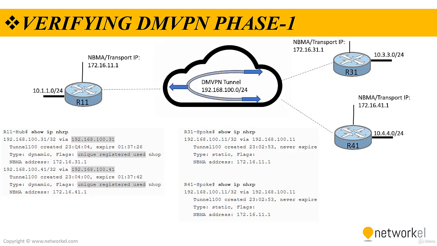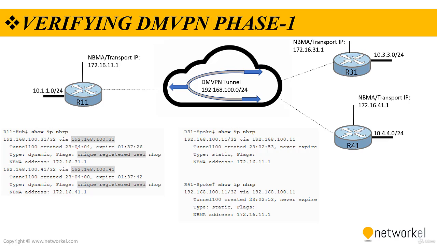To verify DMVPN phase 1, we may also view the NHRP cache. The information that NHRP provides is a vital component of the operation of DMVPN, and every router maintains a cache of requests that it receives or is processing. The command show ip nhrp displays the local NHRP cache on the router. Router 11 contains only dynamic registrations for router 31 and router 41.